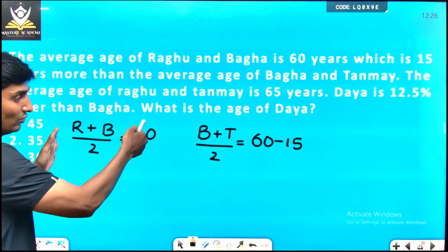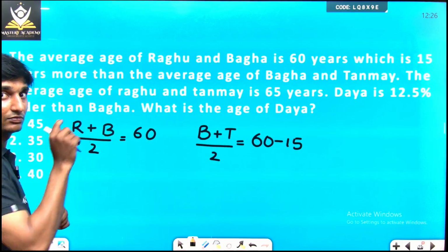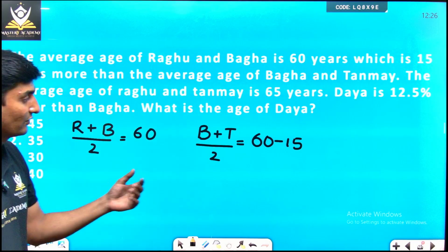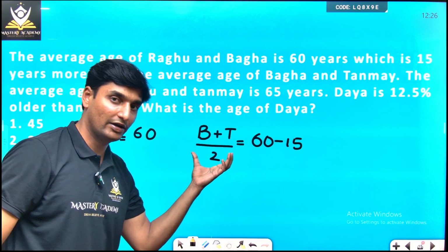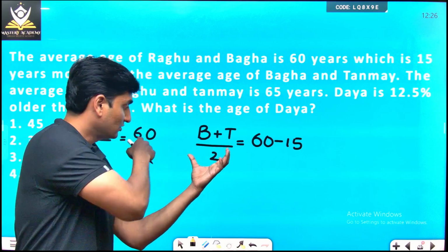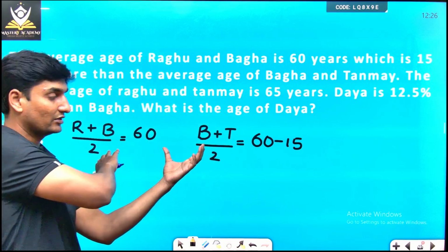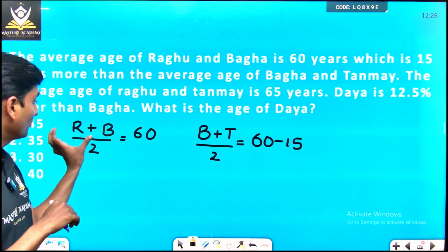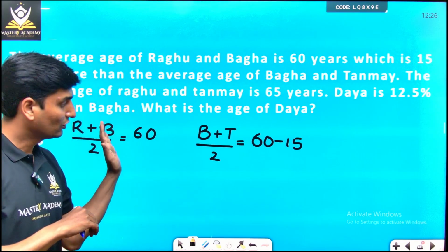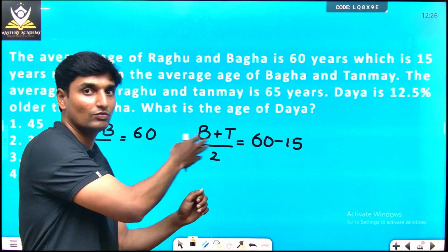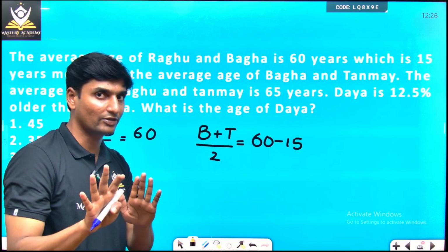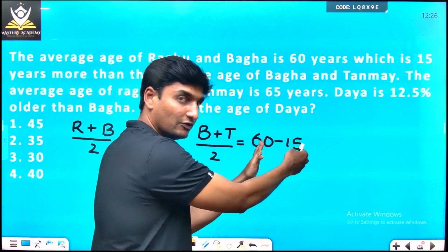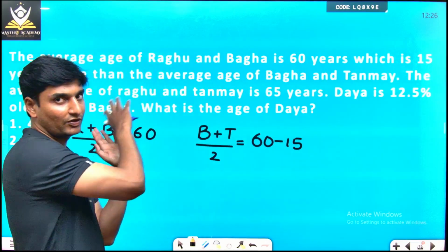See, this value is 15 more than this. According to the question, whatever the average of Bagha and Tanmay is, this value is 15 more than the given value. So whatever value 60 they have given between Raghu and Bagha, we have to eliminate. The difference will turn out to be 15. I hope it is clear. If 60 has been given here, you will have to eliminate 15. Only then it will be 15 times more.